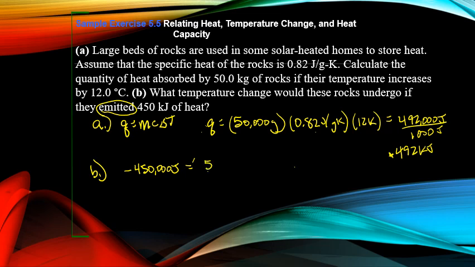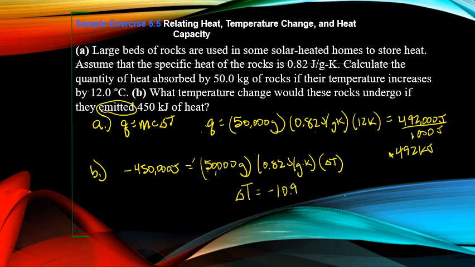And if I do the 50,000 grams once again, times the 0.82 joules per gram Kelvin, and then we have that times the delta T. So 450,000 divided by 50,000, that would be 9, and then divided by 0.82, or negative 9, so I'd have a delta T in this case equal to negative 10.98, excuse me, that's it, negative 10.98 Kelvin, or degrees Celsius.